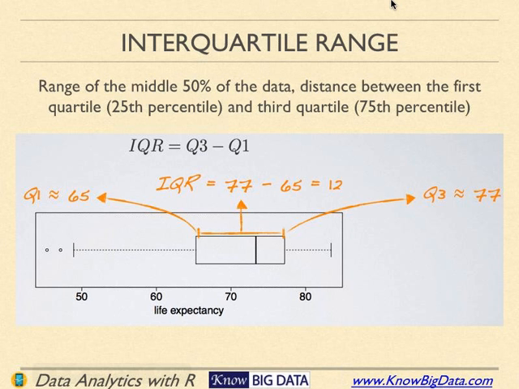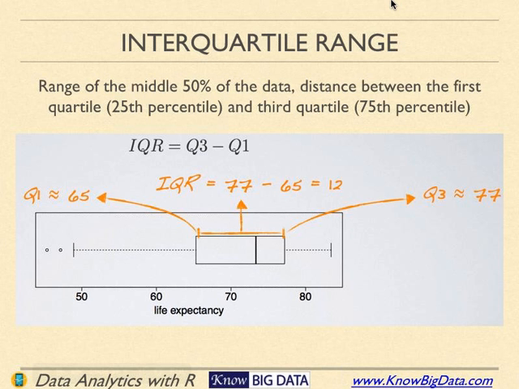So what does it actually mean? 25% of candidates on the left-hand side, 25% on the right-hand side, and the middle length is called IQR. Let's look at it another way. We take all the candidates and plot their life expectancy on the x-axis. On the y-axis, we put the candidates.